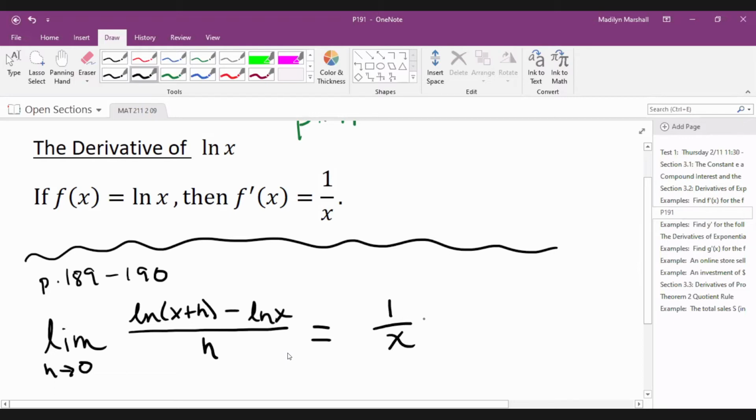So that 1 over x didn't just come out of nowhere. It really does come from that limit definition of derivative. But people have done all of the work to find it. And so after your test on Thursday, you will not have to use this limit definition again. But it is in the book if you're interested to see how that process works for the natural log. All you need to know, though, is that the derivative of natural log is 1 over x.